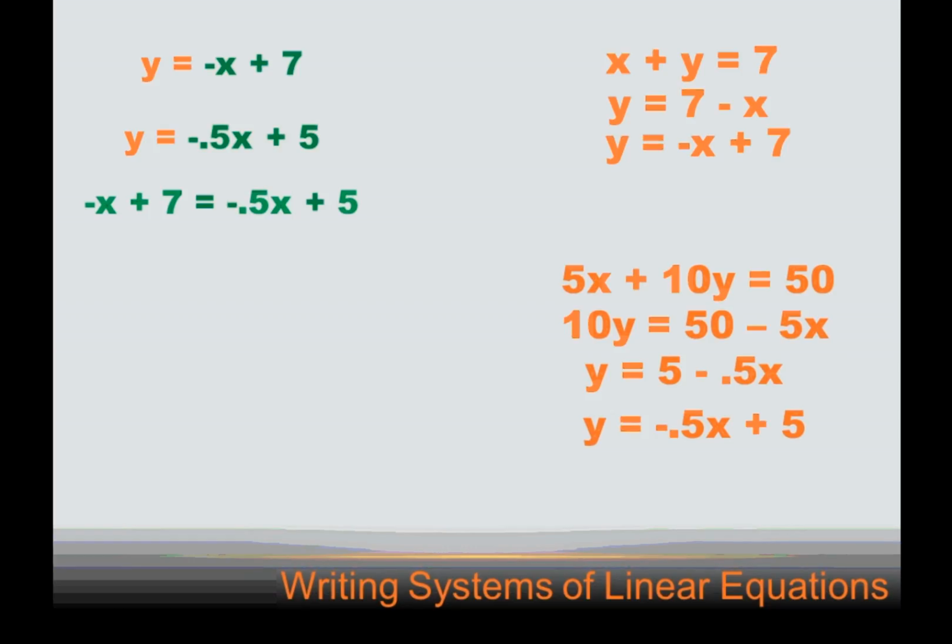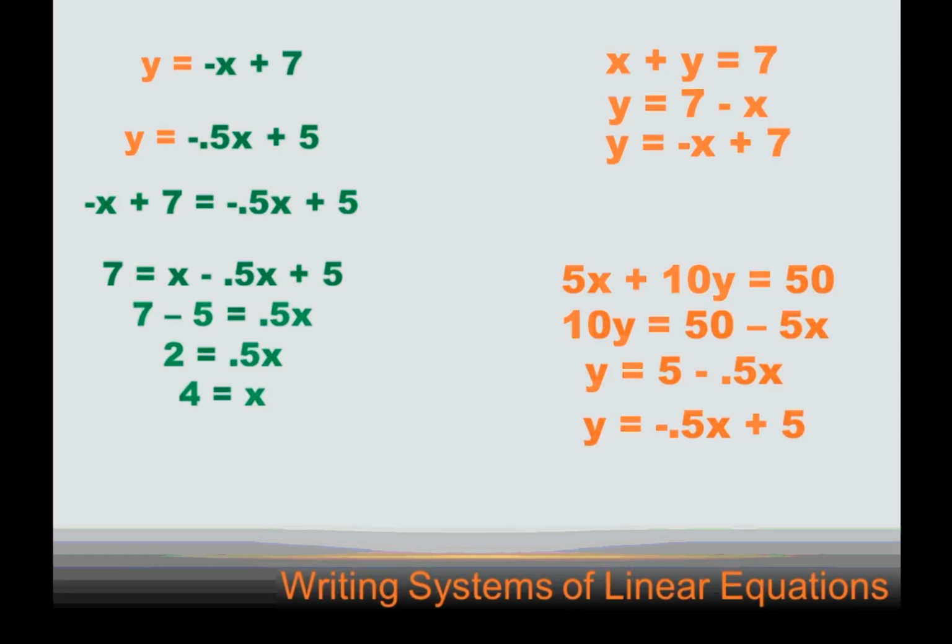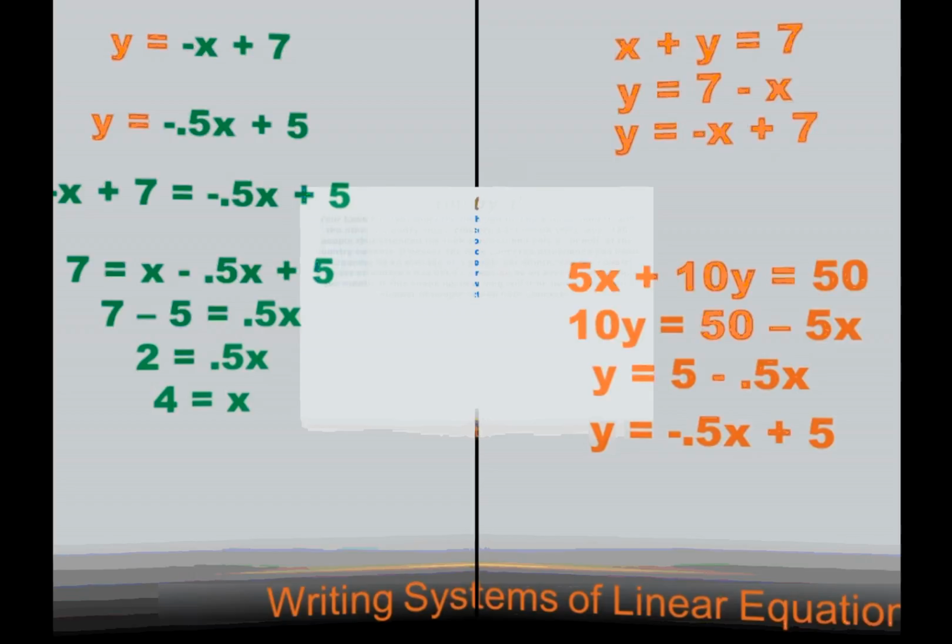Now I can use algebra to solve for x, and I end up with x equals 4. There are 4 $5 bills. And I can figure out how many $10 bills I've got real easily, because 4 $5 bills is 20, and I've got a total of $50, so 50 minus $20 is $30, which would be 3 $10 bills.